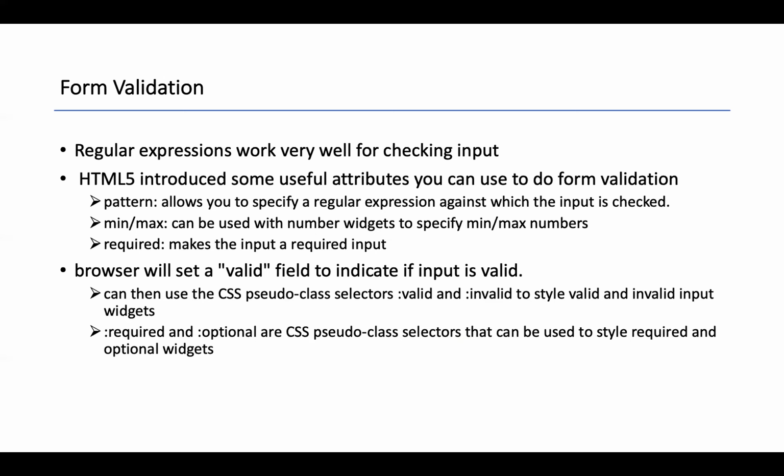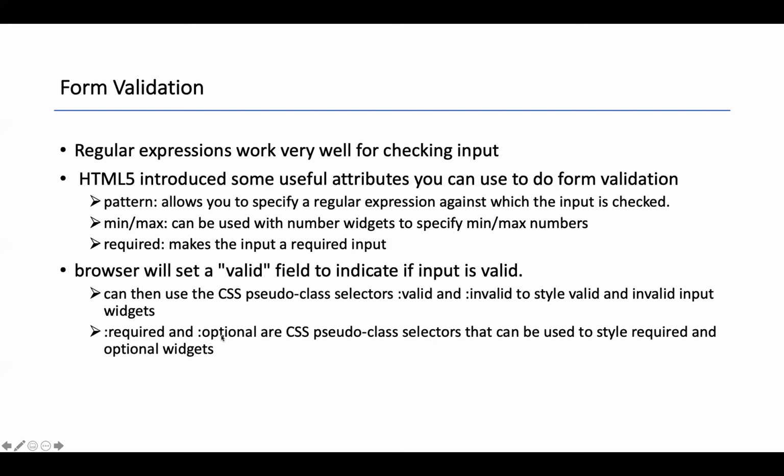Okay, and you can also do that with required and optional. Depending on whether the required keyword is there or not, if it's there, this selector would be in effect. If required is absent, this selector would be in effect.